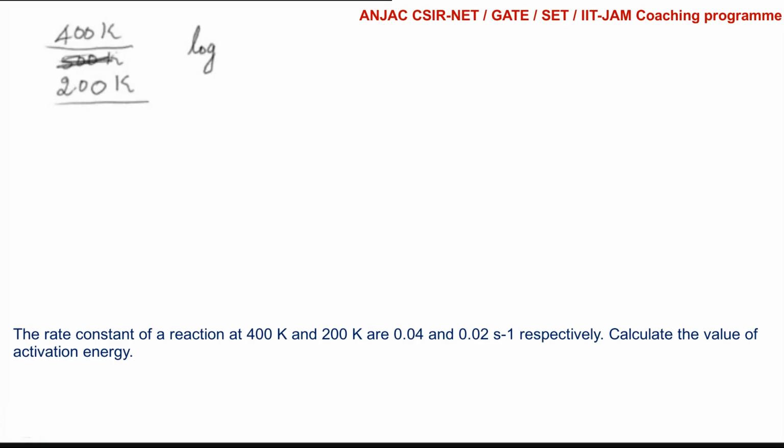Log of K2 by K1 is equal to EA by 2.3 R into, within bracket, 1 by T1 minus 1 by T2. Now substitute the values given in the problem.